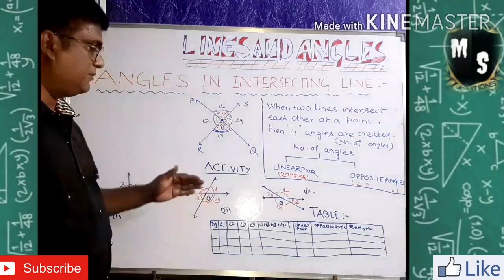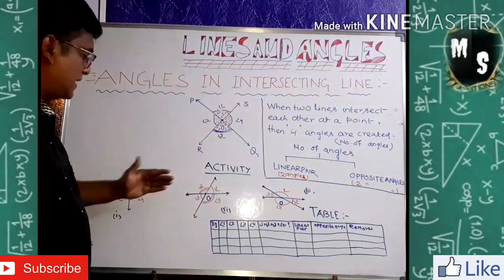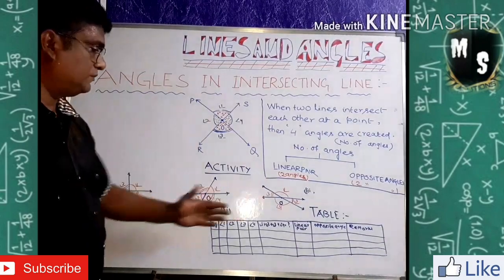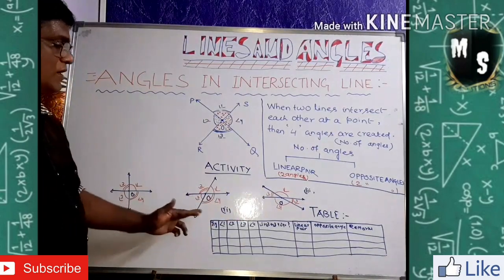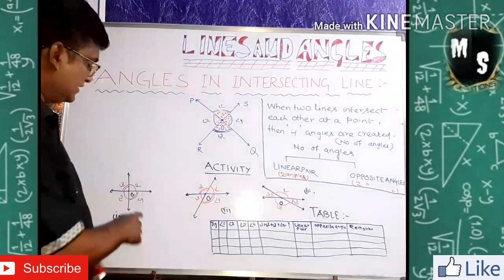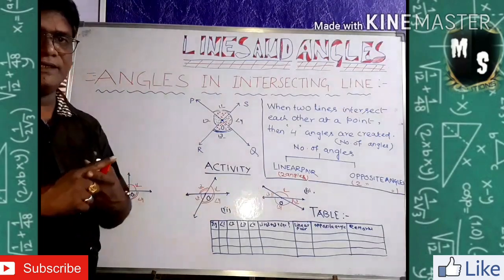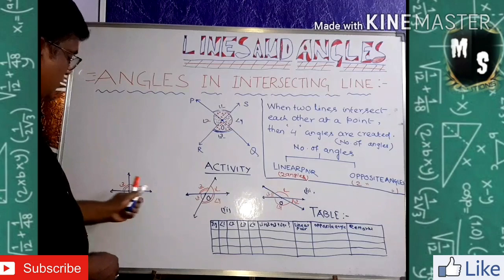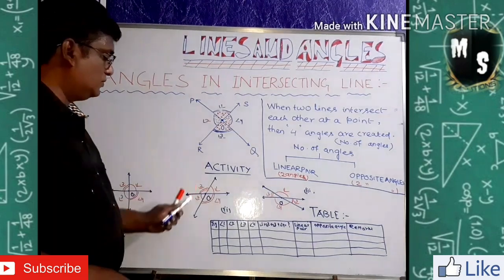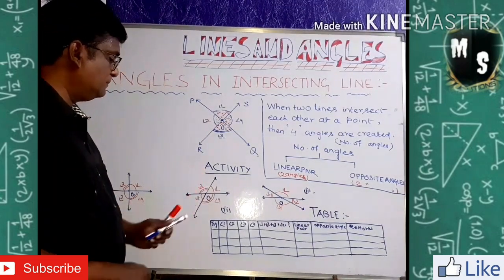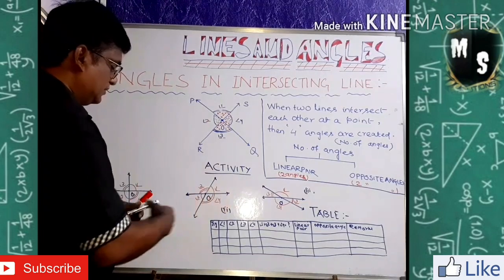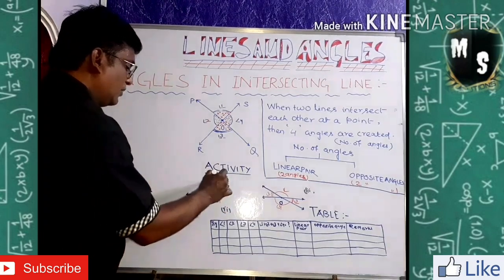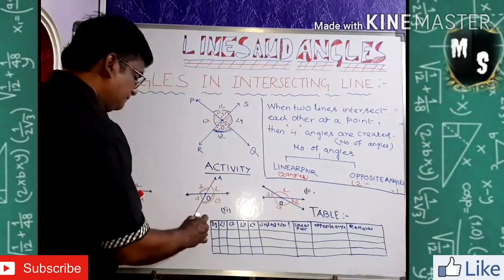See now, what is my activity on this? My activity is I took three figures, figure 1, figure 2 and figure 3. In these three figures, two lines are intersecting each other. In figure 1, a line is intersecting straight to the other. Let it be line AB and CD, whatever you say.